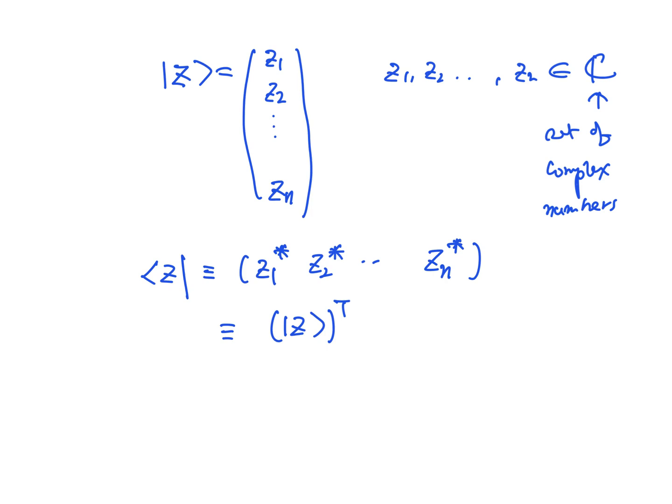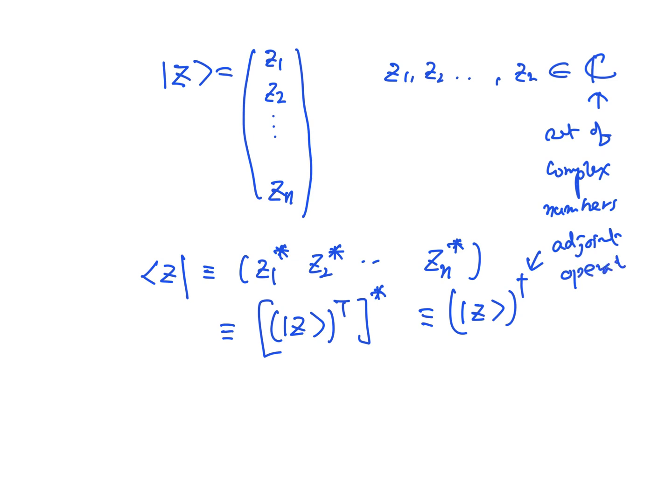The transpose operation changes column into row, or row into column, vice versa. And take a complex conjugate. This operation is called the adjoint operation. It's called dagger. The transpose and complex conjugate is called dagger, adjoint operation.